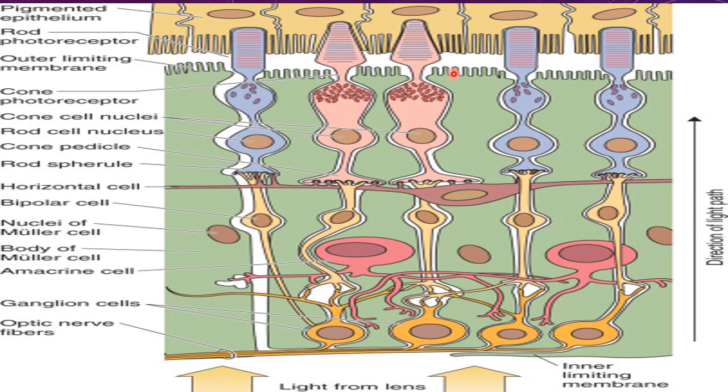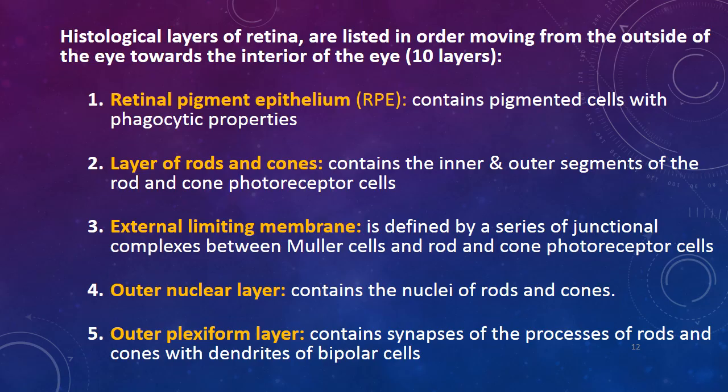So inner and outer limiting membranes are nothing else, they are actually just the cytoplasmic extensions of Muller cells. Okay, I hope you understand it. And these are the ganglion cells, and here their axons are emerging out as the optic nerve fibers. So that's how you can understand all the structural composition of the cell layers.